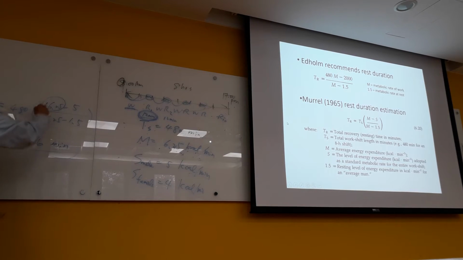How about this? He's working 16 kilocalories per minute. This will be very large. Please calculate it. Maybe just like this, 16.